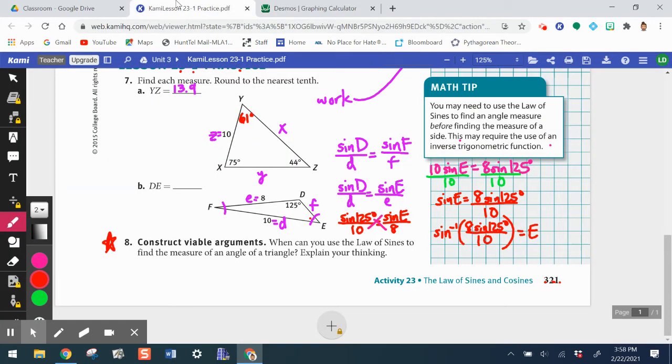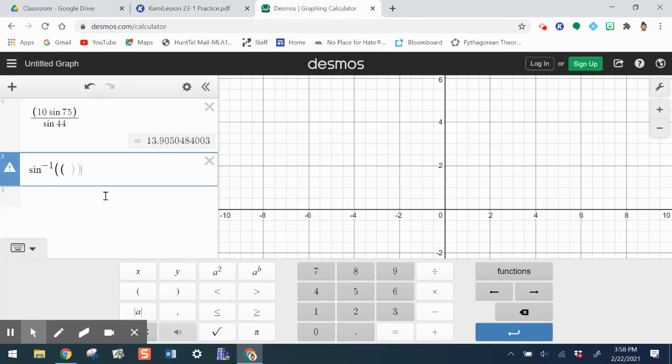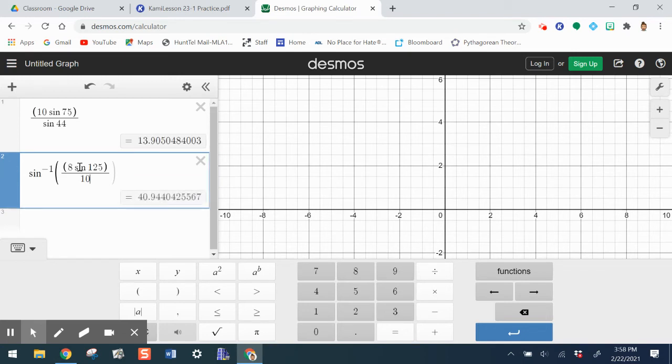I'm going to type in 8 times the sine of 125, close parentheses, because I do want it to multiply there first and then divide by 10. I want it to take 8 times the sine of 125, divide by 10, then take the inverse sine of that value.